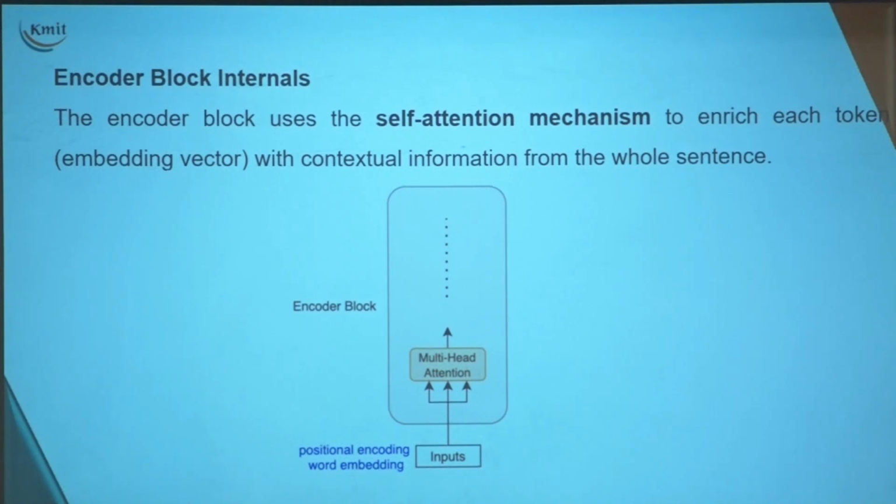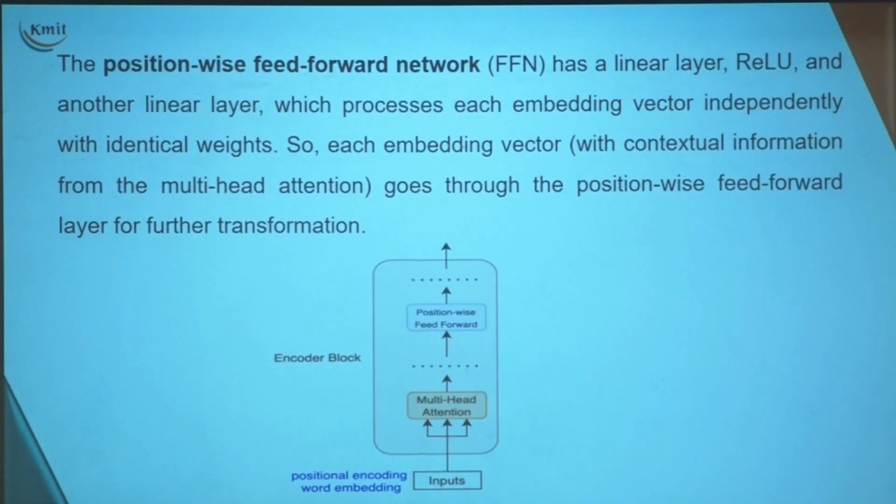That is, I am generating word embeddings, right? Each word embedding is represented in an n-dimensional vector where the context of the word is defined, and this context of the word is being enriched using the self-attention mechanism.